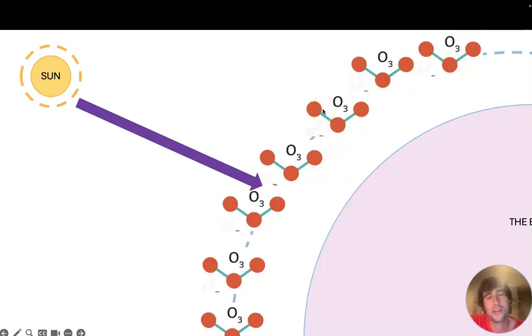Now, what happened is that decades ago, people made refrigerators, and one of the chemicals they used to make these refrigerators is called CFCs, chlorofluorocarbons, something like that.